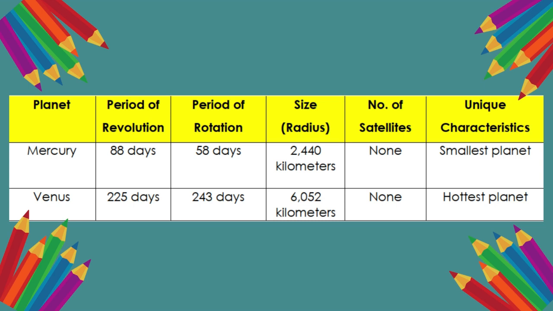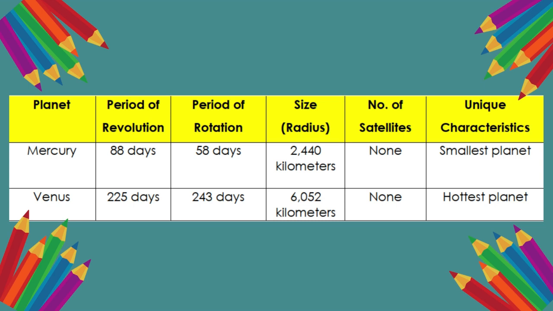The size or the radius of Venus is 6,052 kilometers. On the fifth column, you will write the number of satellites. Mercury and Venus have no satellites. That is why on the fifth column of the table, you will write the word none.